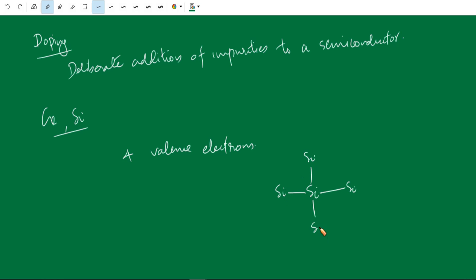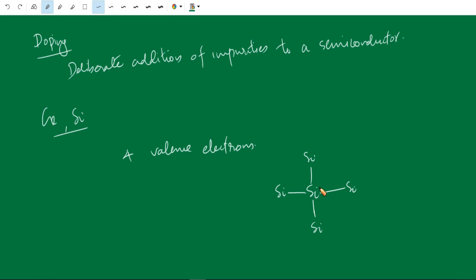Likewise, all these silicon atoms make covalent bonds with the 4 nearest neighbors. So they form a 3-dimensional array of silicon atoms. So this is a tetrahedral bond. The tetrahedral angle is 109 degree 28 minute.